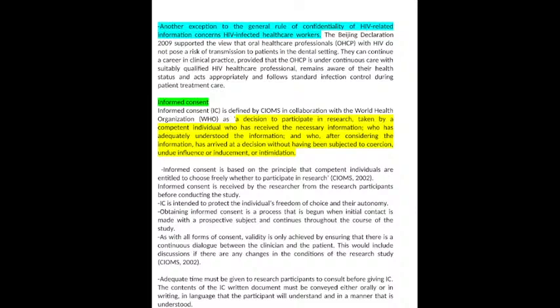Another exception to the general rule of confidentiality of HIV-related information concerns healthcare providers. Healthcare providers may get this virus. Of course, you cannot say it will not be known that they have the virus. Based on the circumstances surrounding their nature of work, they may have to disclose, like dentists, people who remove teeth.